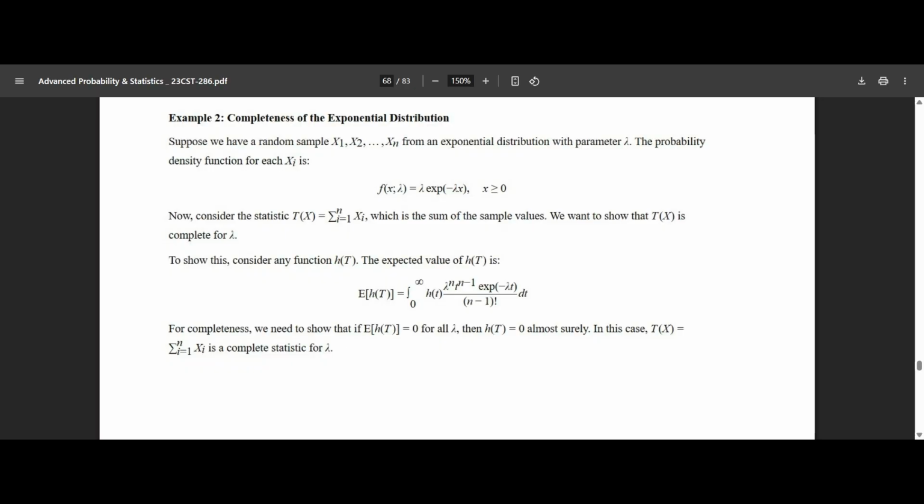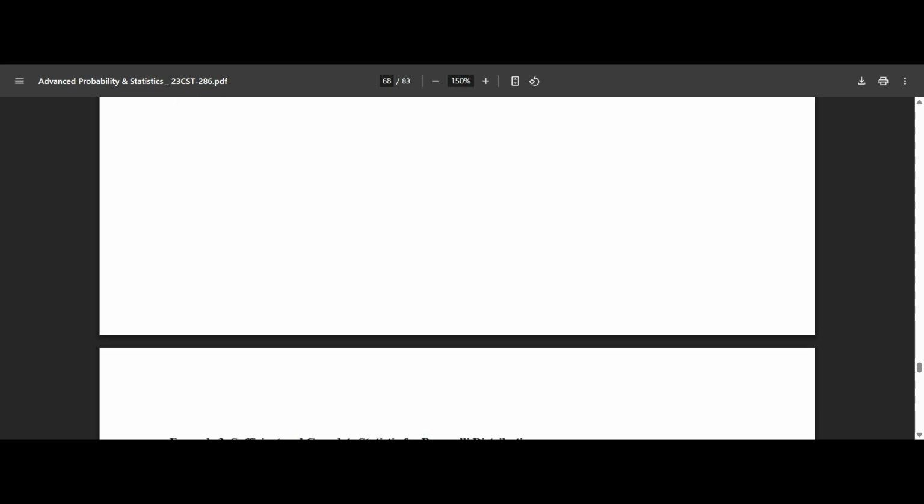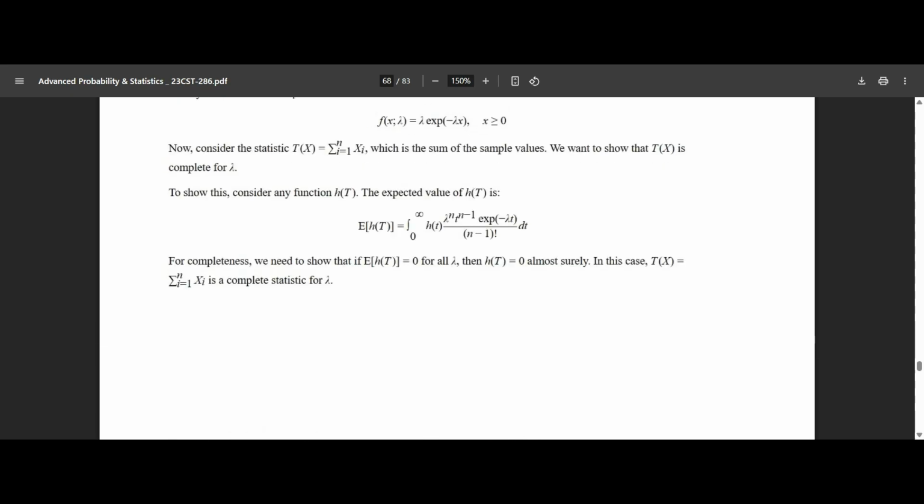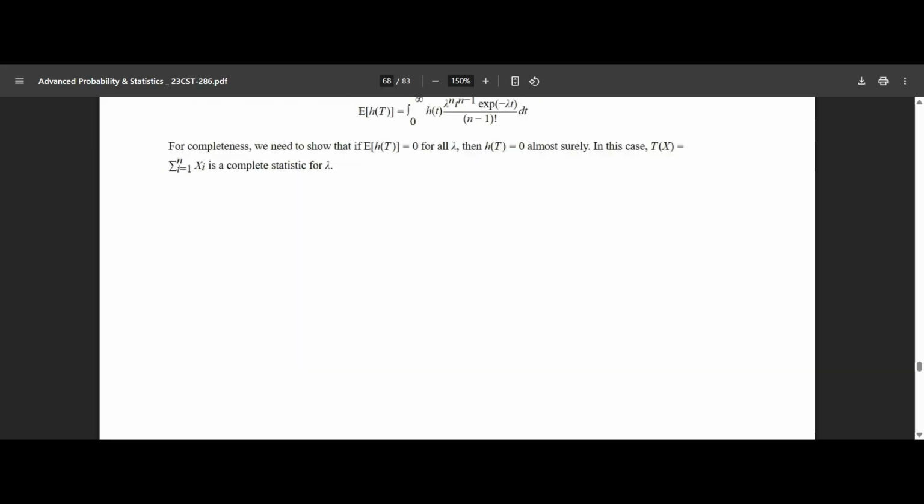For completeness, we need to show that if E of h(T) equals 0 for all lambda, then h(t) equals 0. In this case, T(X) is a complete statistic for lambda. So if we can show that the answer of this integration is 0, then we can prove that h(t) is 0, that is the entire thing is complete for lambda. So in this case, T(X) equal to summation of xi is a complete statistic for lambda.